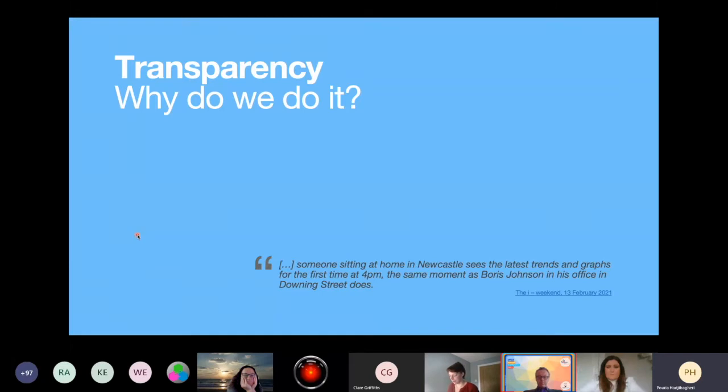Now, the transparency of the service is really important, and this is what I said I'd talk to you about later, and why that report that goes out around 15 minutes before we release the data is very important. That report contains the headline figures. So what you see on the landing page, nothing more than that. But this is what it means. It means that someone sitting at home in Newcastle sees the latest trends and graphs for the first time at 4 p.m., the same moment as Boris Johnson in his office in Downing Street does.